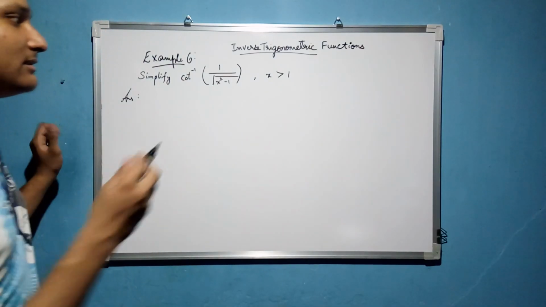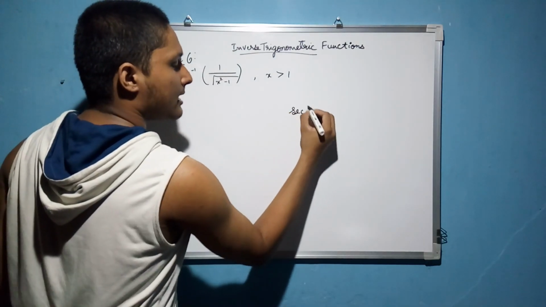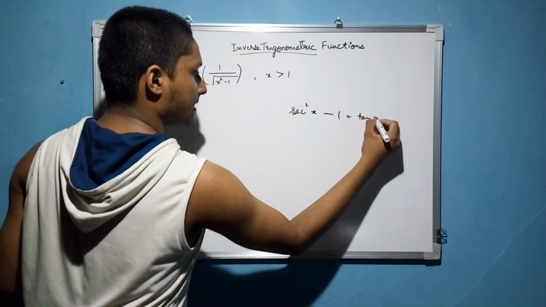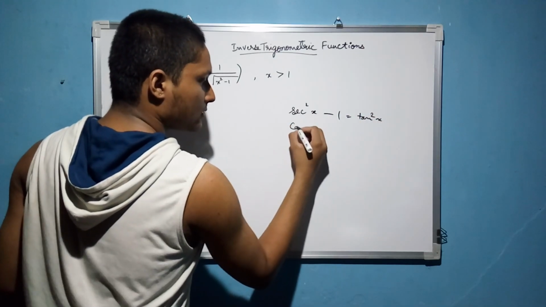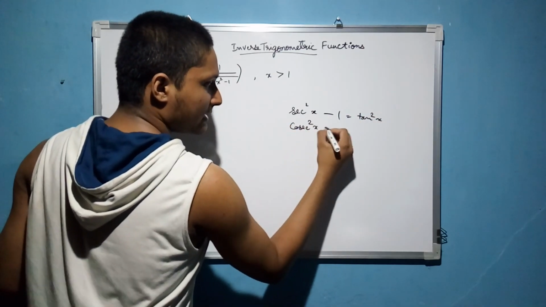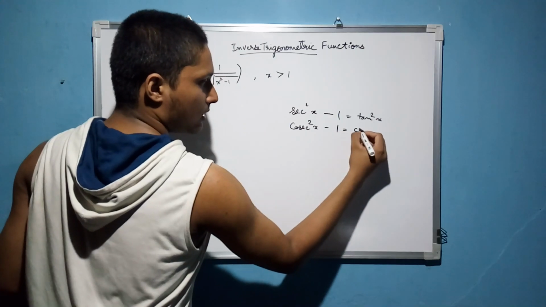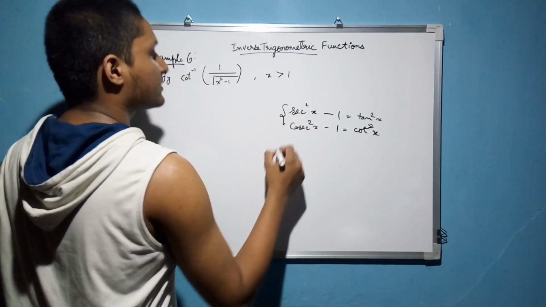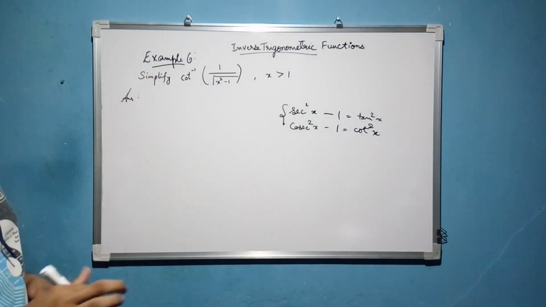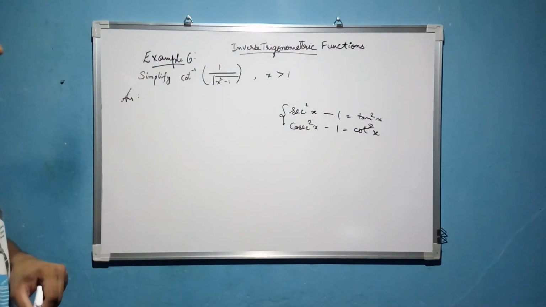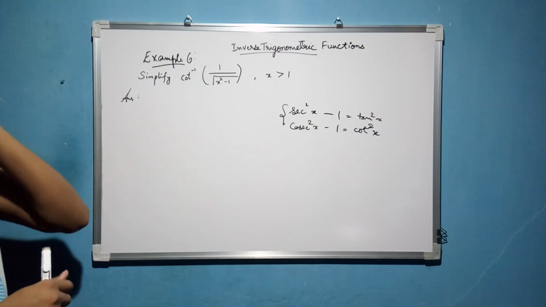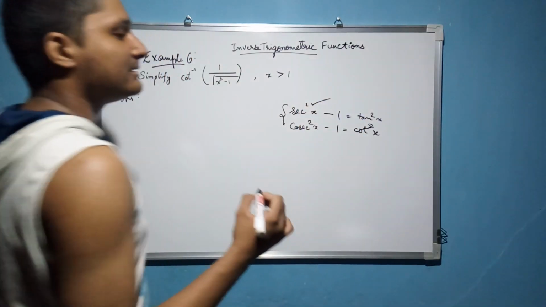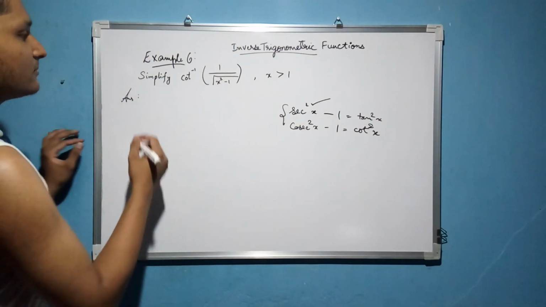Generally we know that sec square x minus 1 is equal to tan square x and cosec square x minus 1 is equal to cot square x. These two things I know. Based on this I need to check which is going to work here. So first we'll substitute maybe sec square only, that is a better option. At the last we'll find out why it is a better option.